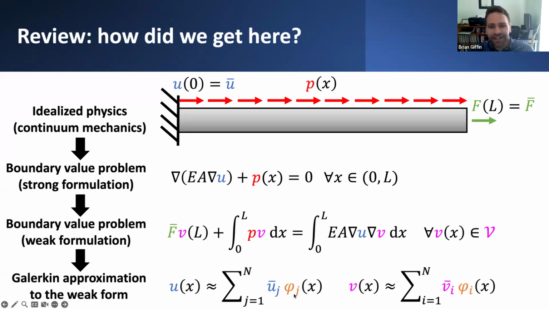So that was the idea. We discretized the problem or limited our choices for how we represent both of these two solution fields in terms of this finite set of basis functions with corresponding coefficients. And then once we had that, we could go about solving our now discretized boundary value problem.